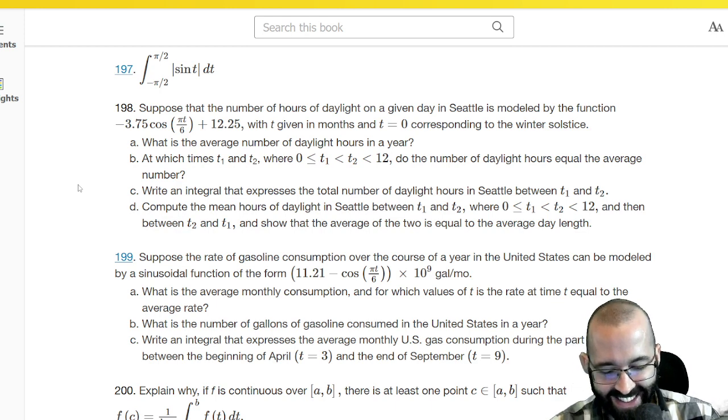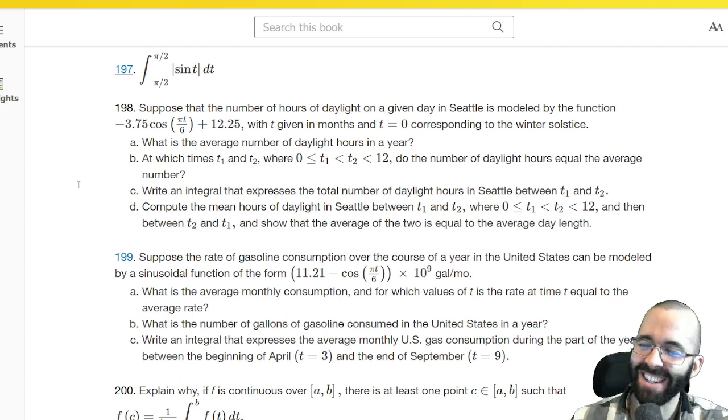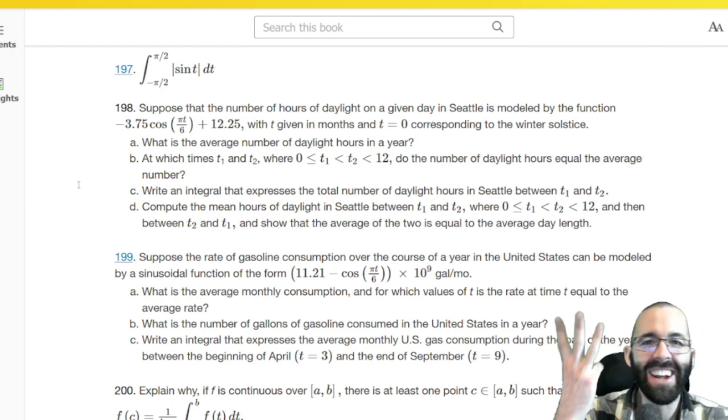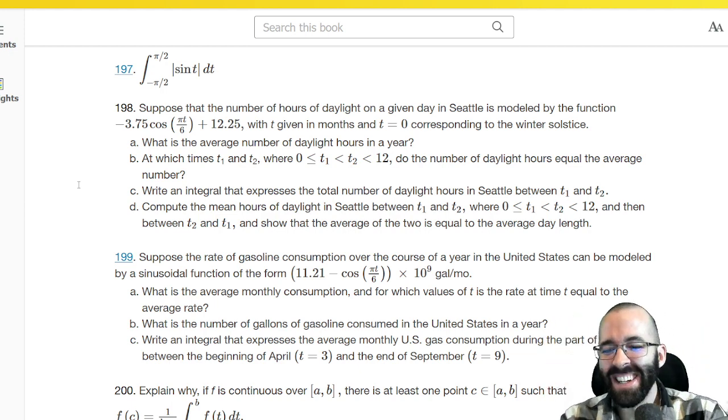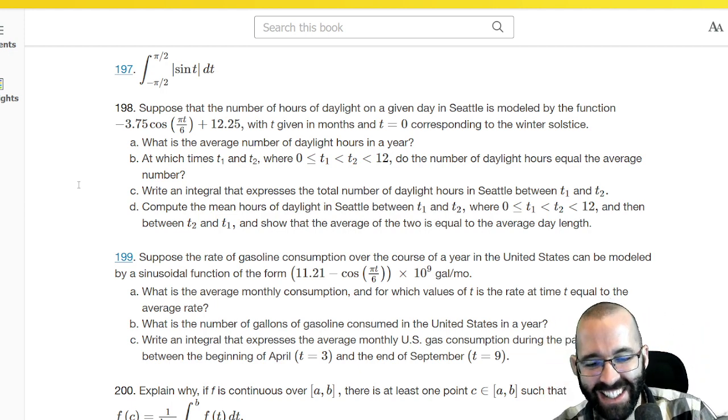Okay, let's get to it. This is the thing, though. It has different parts, but part D, that's really 3 more parts. They trick you just the same way I trick you guys.